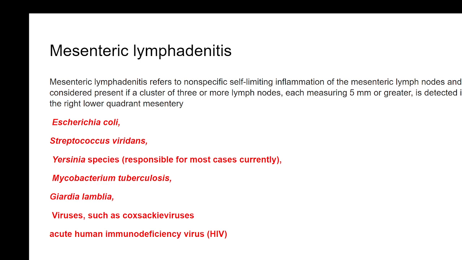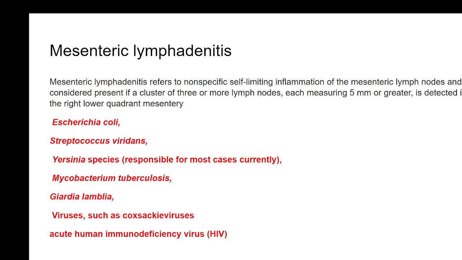One more condition which mimics appendicitis, and is one of the important differential diagnoses of appendicitis, is mesenteric lymphadenitis. Mesenteric lymphadenitis is a non-specific, self-limiting inflammation of the mesenteric lymph nodes and is presented due to the inflammation of the appendix.